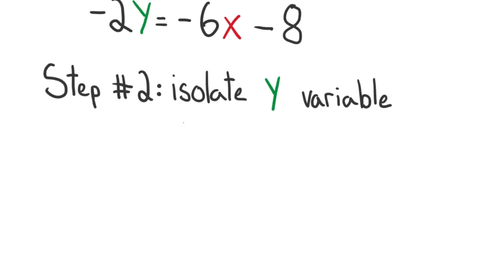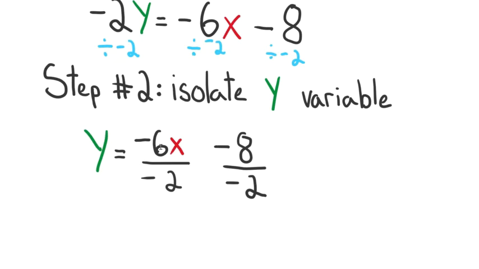In step 2, as we will always do, we're going to isolate the y variable. Notice that it is not 2y, it is actually -2y. So if we divide both sides of the equation by -2, our result should be -6x divided by -2 and -8 divided by -2.